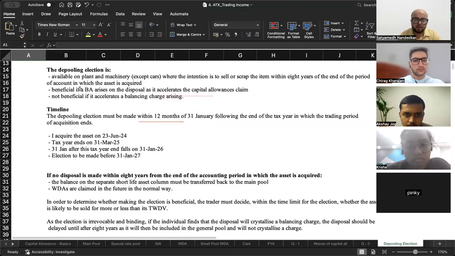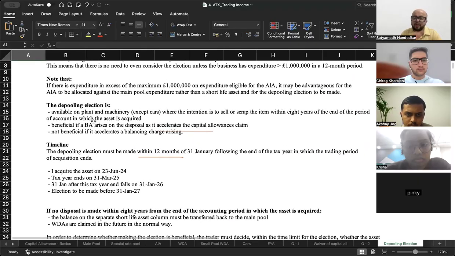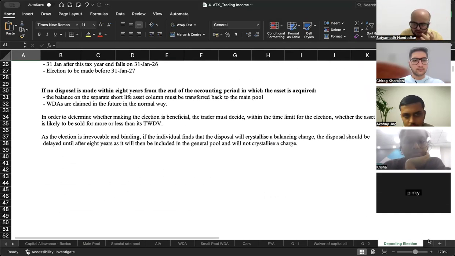Basically, what you should be looking at is whether the asset is expected to be completely used or disposed of within 8 years from the date of purchase, then you can depool. That means, instead of putting it in the main pool, you can show it as a separate column. Now, what benefit do you get out of it? Let's see.